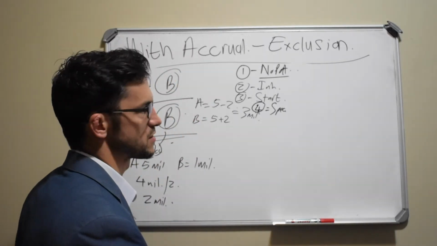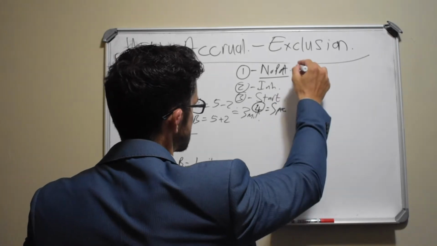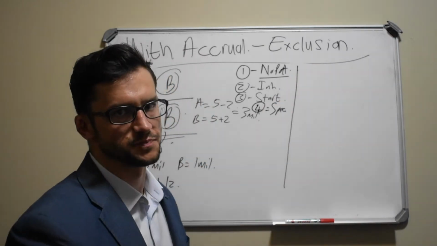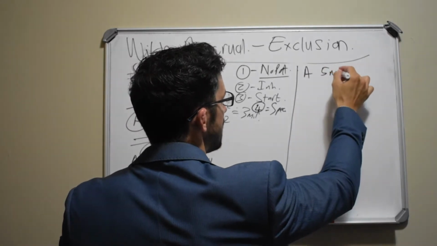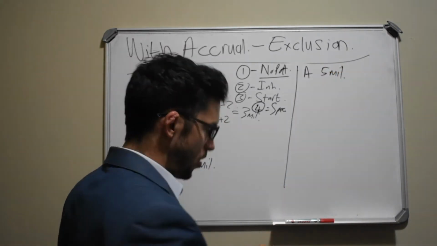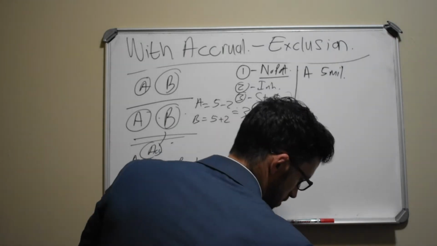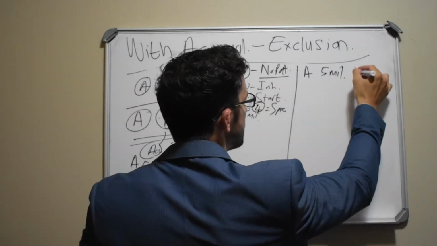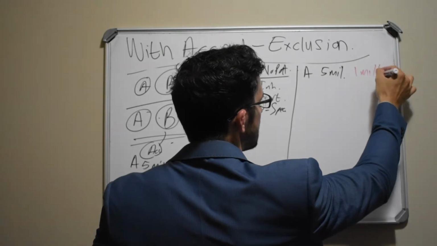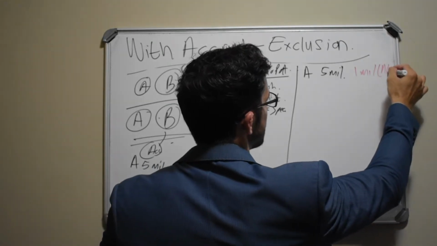Now, what is the effect of this? The effect of this is easily explained in the following. So, person A has 5 million. However, as part of this 5 million, he or she has 1 million in non-patrimonial damages.